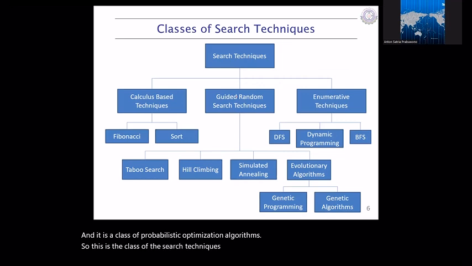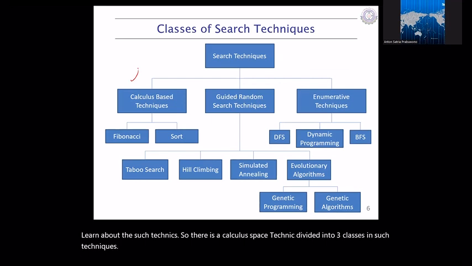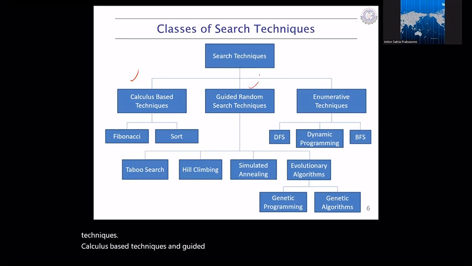We learned about the search techniques, which are divided into 3 classes: calculus-based techniques, guided random search techniques, and enumerative techniques. In calculus-based techniques, there is Fibonacci and also sort.